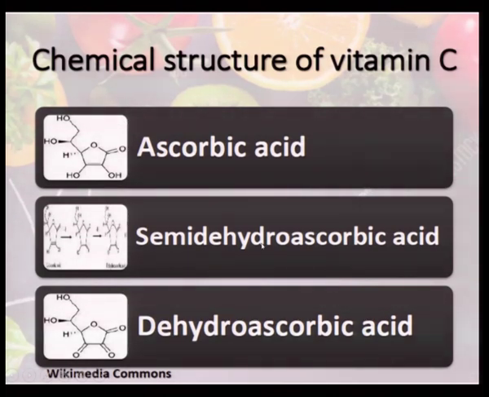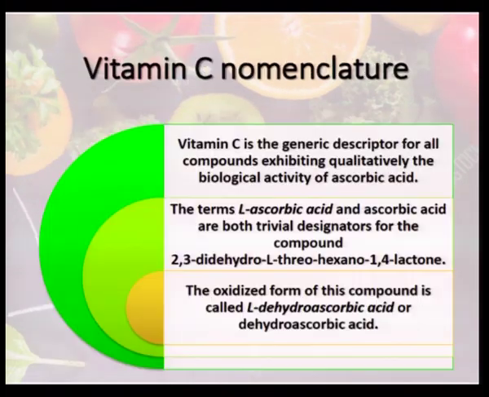This is the same structure that we have already explained for vitamin C. And if you look at what kind of transition it undergoes, this is vitamin C. Here you have semidehydroascorbic acid, then we have dehydroascorbic acid. So it's a 2-stage transition step. So eventually we have dehydroascorbic acid.